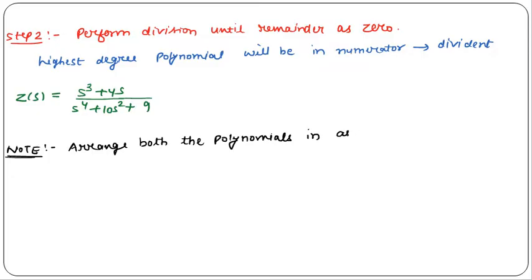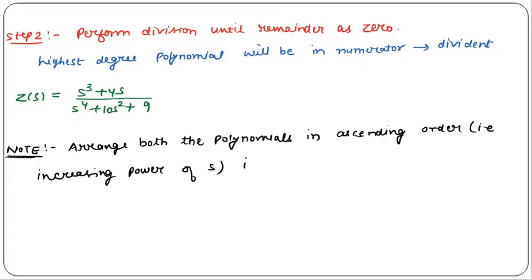So we have to write in the increasing power of s in Cauer second form. In the Cauer first form it was just opposite, where we write in the decreasing order.